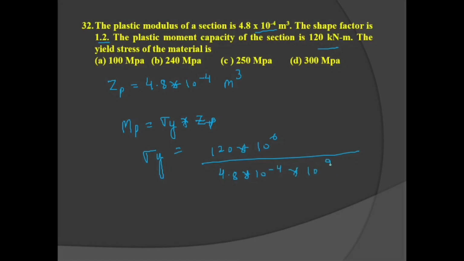To convert this to mm, 10 to the power 9, the value is 250 megapascal. So my dear students, this completes your syllabus as well as questions of unit number 7.